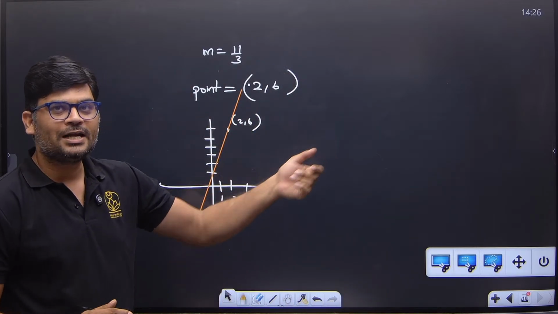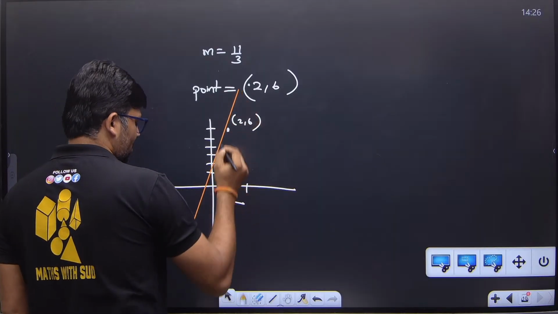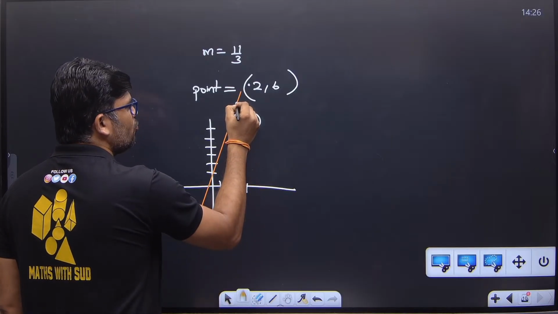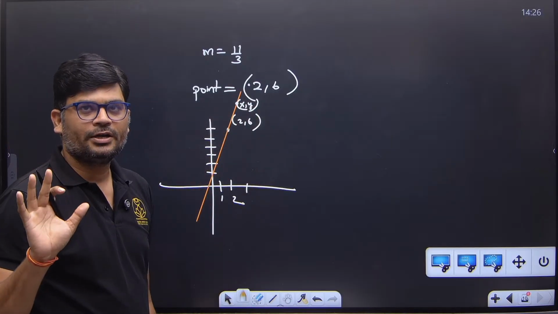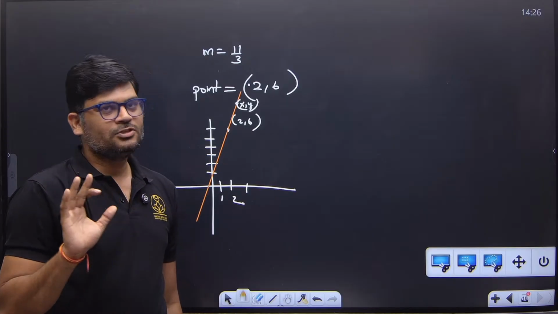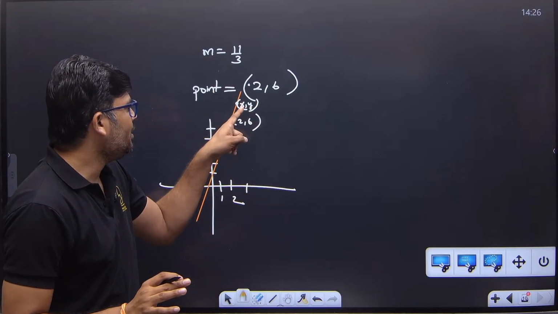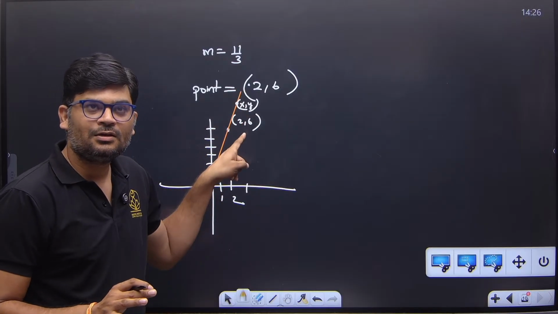So how to do that? Let us suppose there is a point in this axis whose coordinate is x comma y, a random coordinate. This particular coordinate will satisfy the equation of this line.